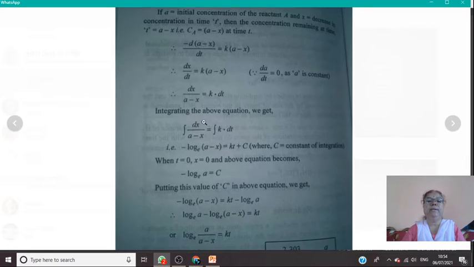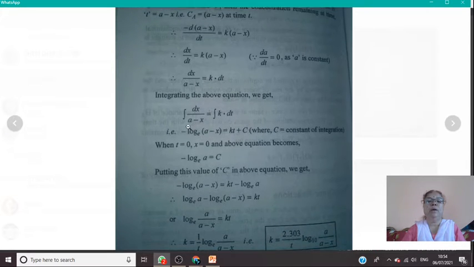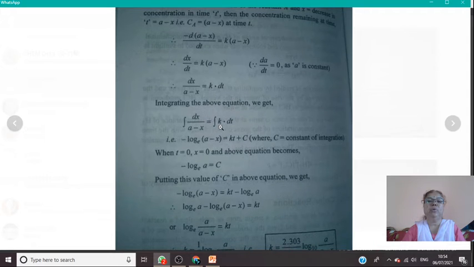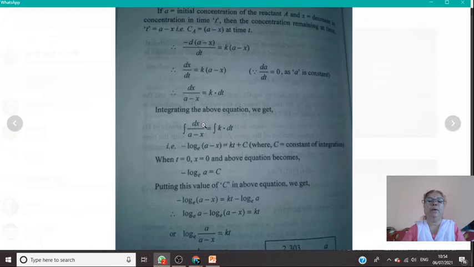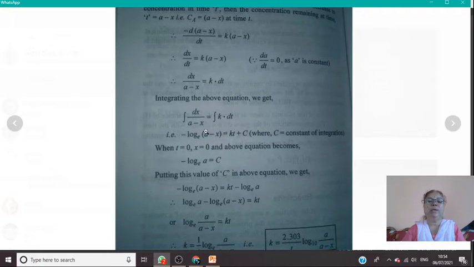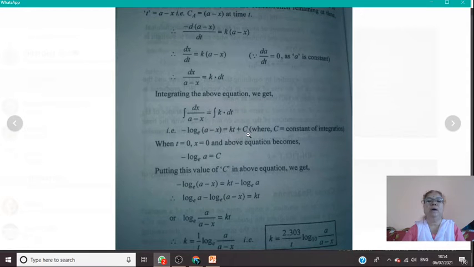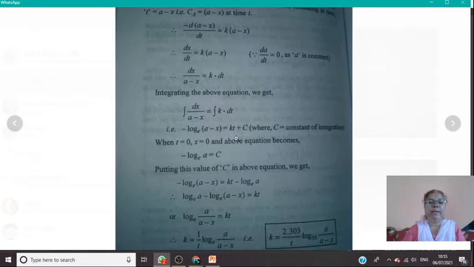Integrating this equation, the integration of dx upon (a minus x) equals the integration of k into dt. Remember, the integration of dx upon (a minus x) is minus log (a minus x), equal to kt plus c, where c is the constant of integration.